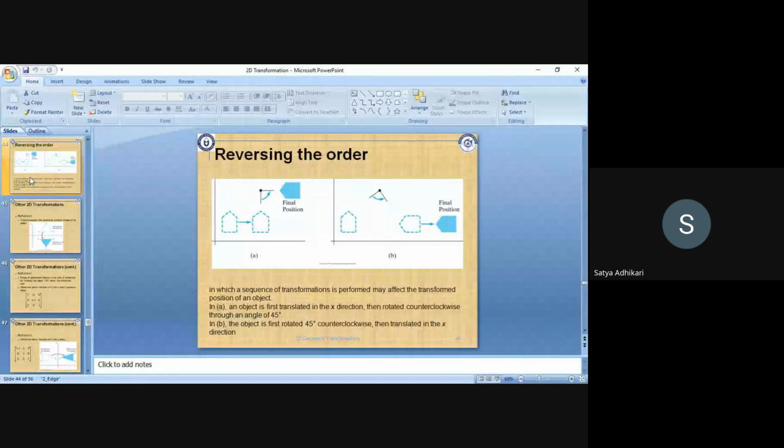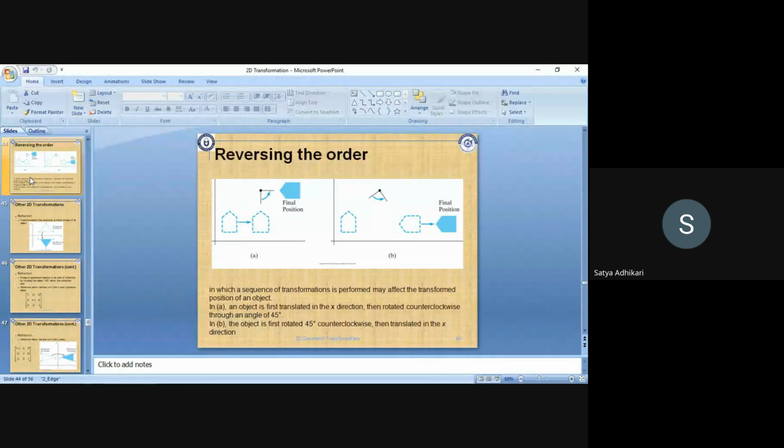Now I reverse the order. First you rotate it 45 degrees anticlockwise, then translate it in the x direction. You see the final position. So it is clear that these are not commutative.